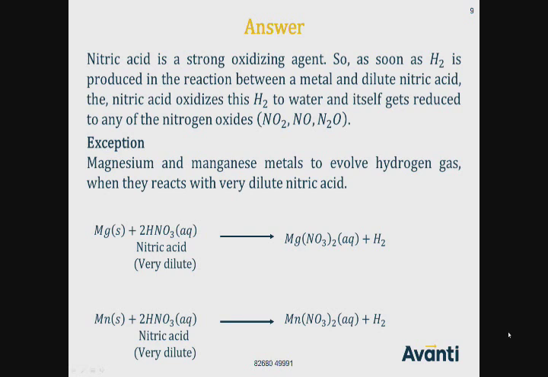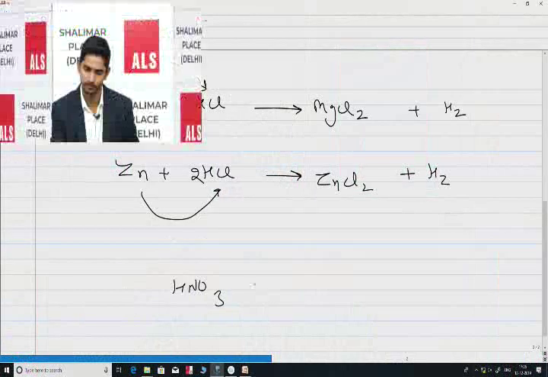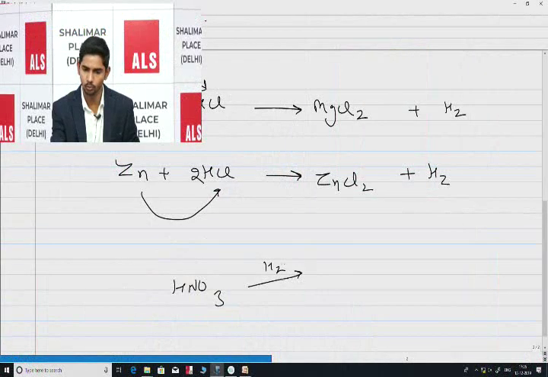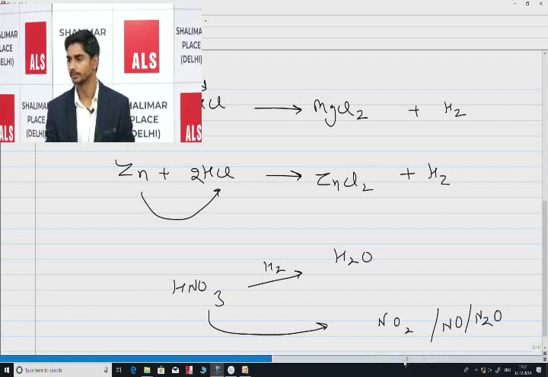That's what that statement means. Actually, it is trying to say this one. I'll clear it to you. That HNO3 converts H2 to H2O and itself gets converted into NO2, NO or N2O. Okay? Got it now? Is it clear to you now?